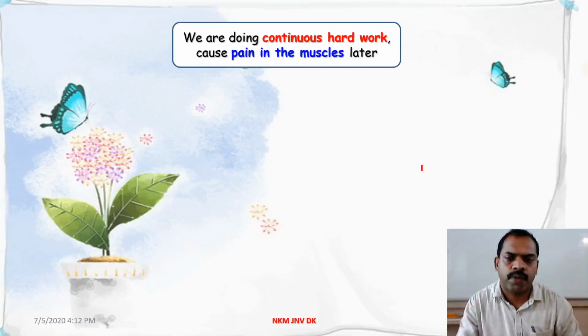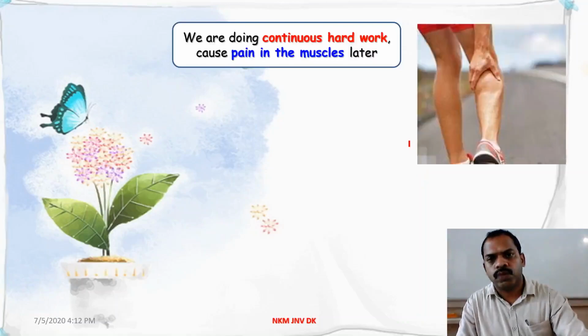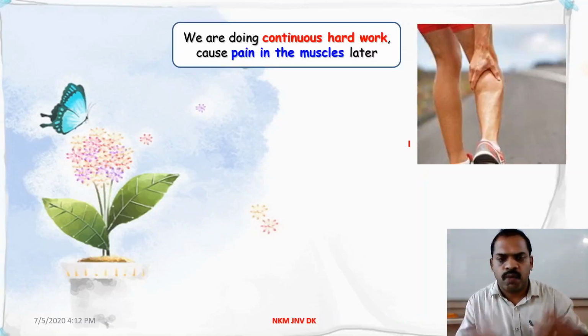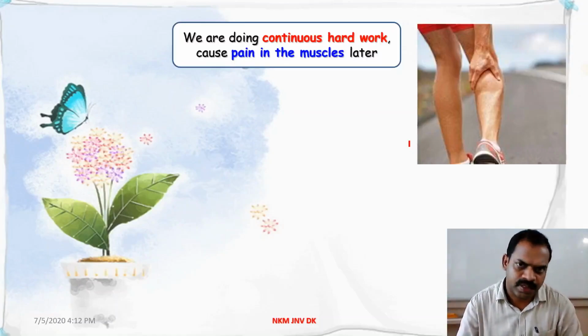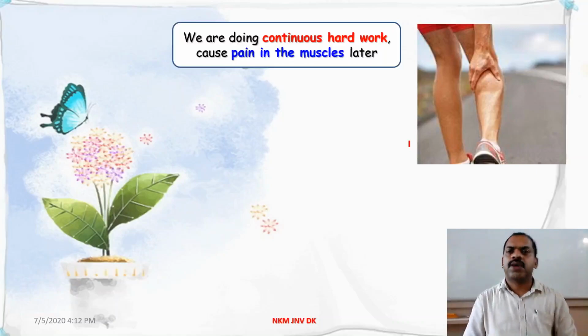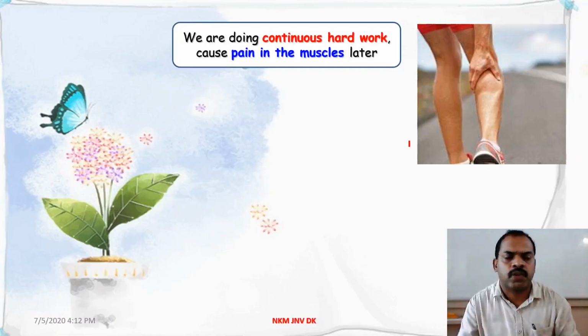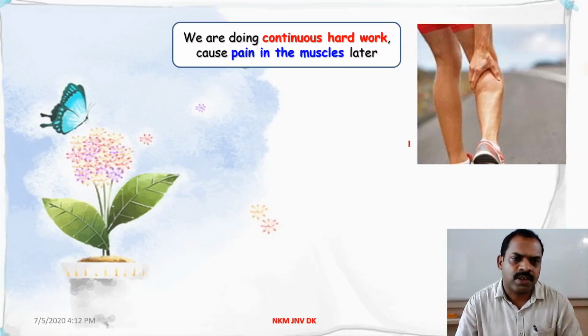Another type of respiration I am introducing to you. When we do continuous hard work or running continuously, working, playing for a long time, we feel pain in our muscles. Because of the pain, we stop the running or stop the work or stop playing.